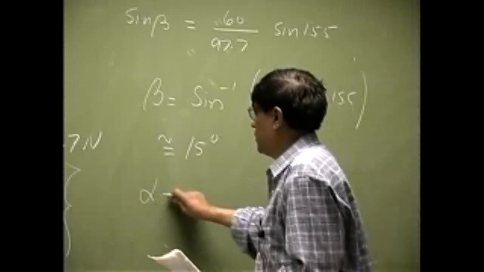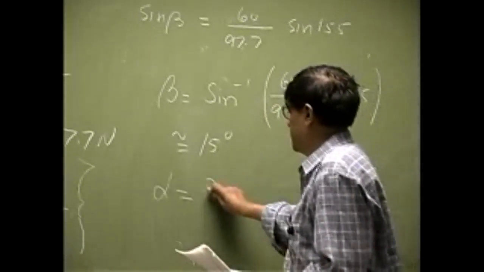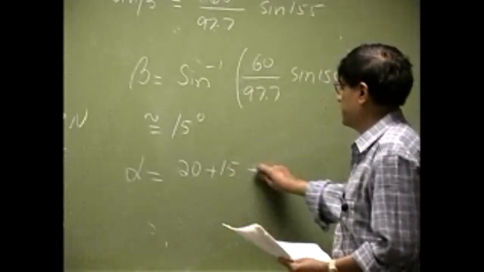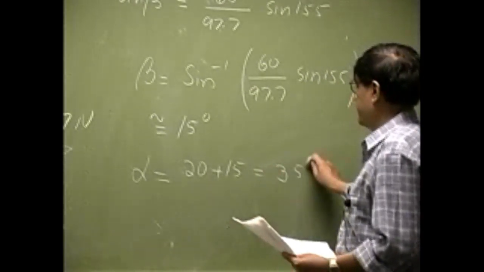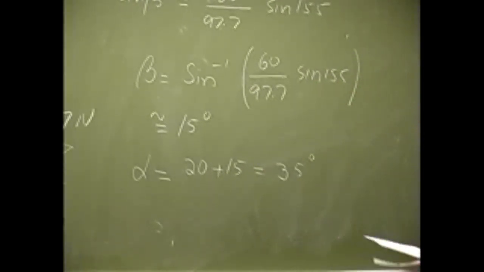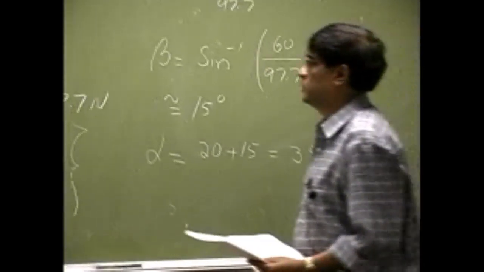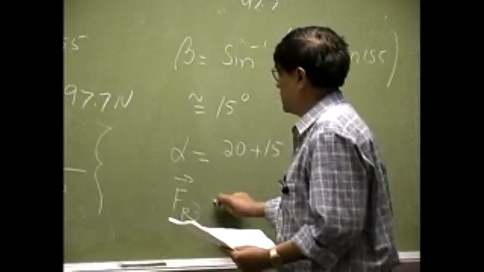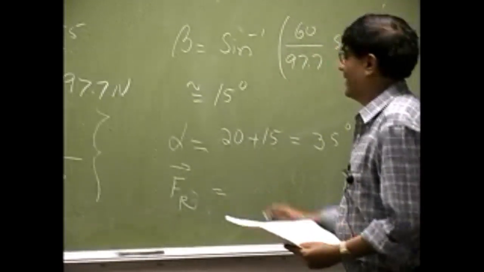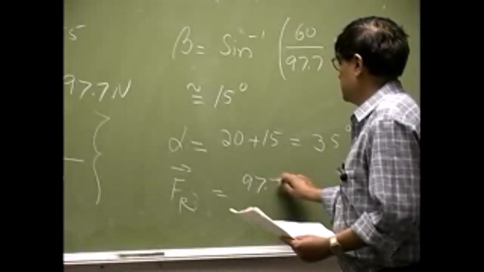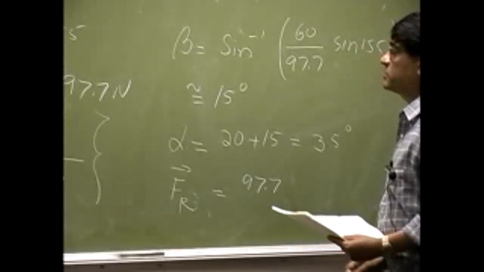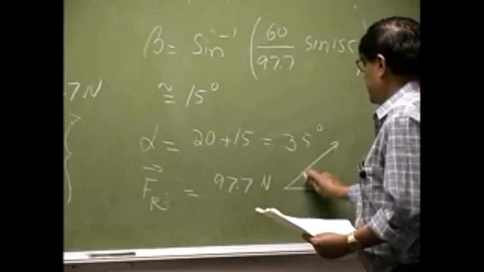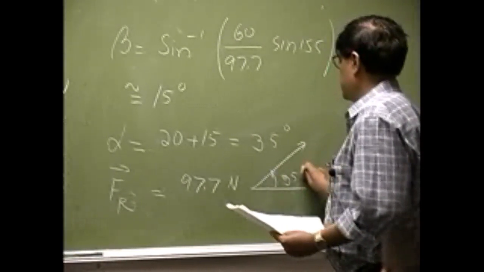Then your angle alpha will be 20 plus 15, and it's going to add up to 35 degrees. Or your force by itself, means the resultant force FR, will be 97.7, and this thing was in Newton. Then you have an angle with x-axis as 35 degrees.